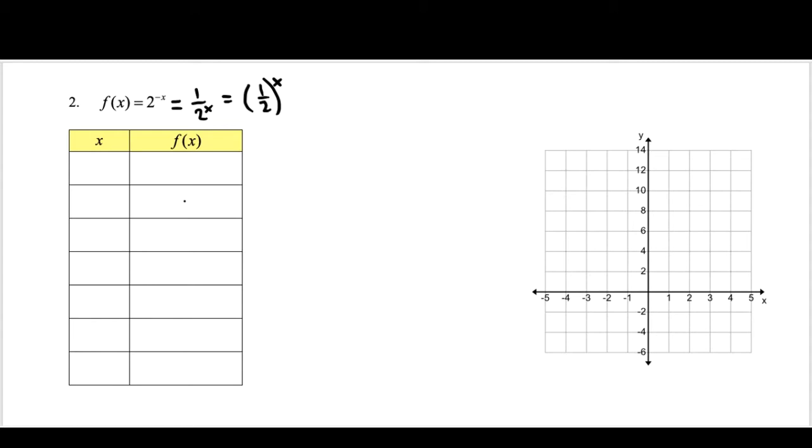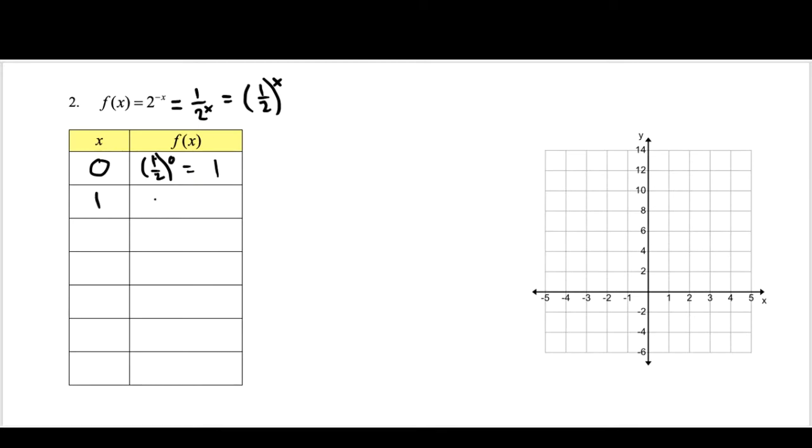So again, doing the plotting points method, we'll do x equals 0. That gives me 1/2 raised to the power of 0. Anything raised to the power of 0 is equal to 1. So that's equal to 1.